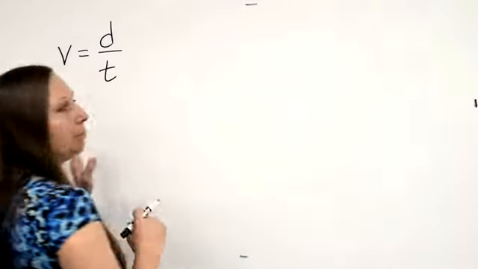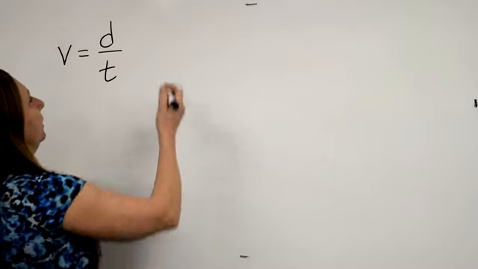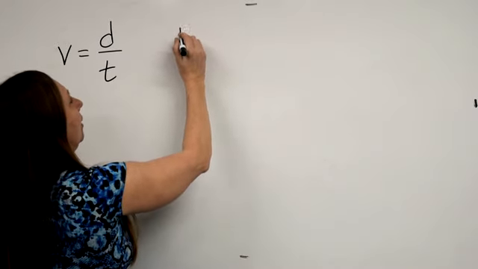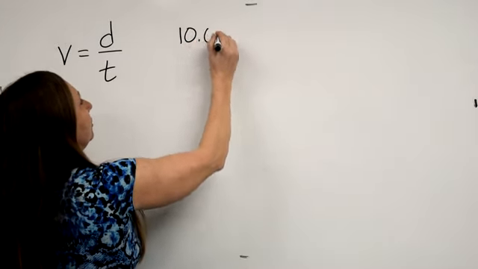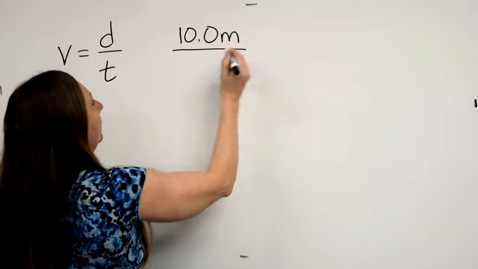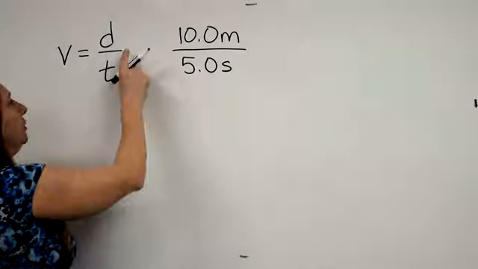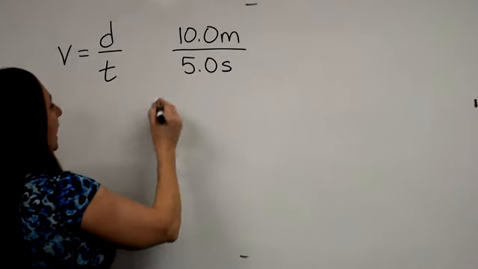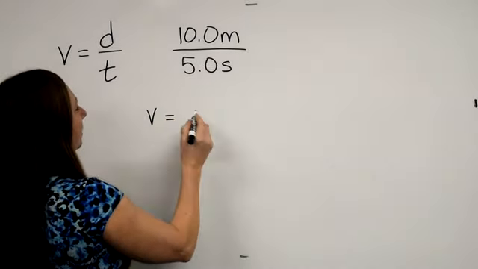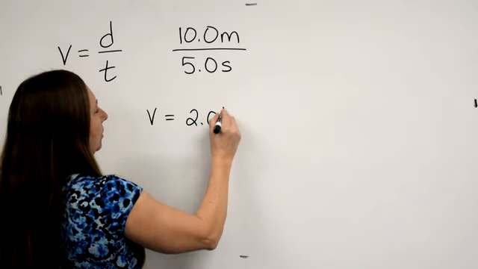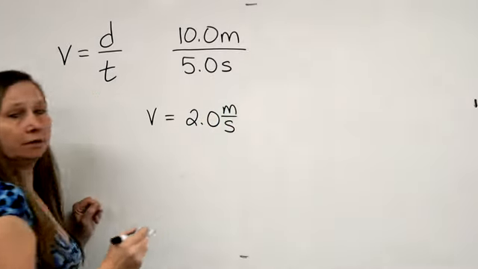So for example, let's say we have somebody who covers 10 meters in 5 seconds. So 10 meters divided by 5 seconds, that person's velocity is 2 meters per second.